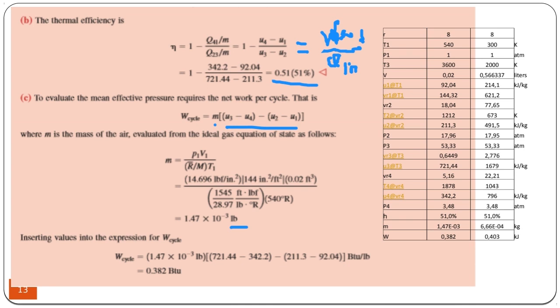The total work per cycle is found in BTU. I have the solution in the SI system, so you have everything in SI here. The inlet temperature is 300. The inlet pressure is 1 atmosphere. The maximum temperature, which is the temperature at the end of the combustion process or heat addition, is 200. The volume of the cylinder is 0.566 liters.